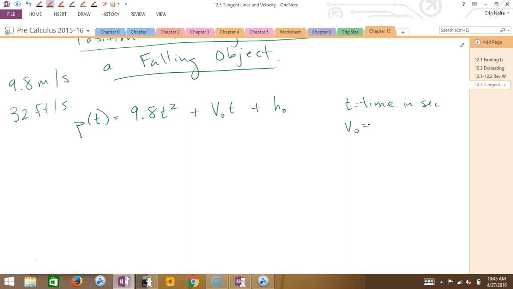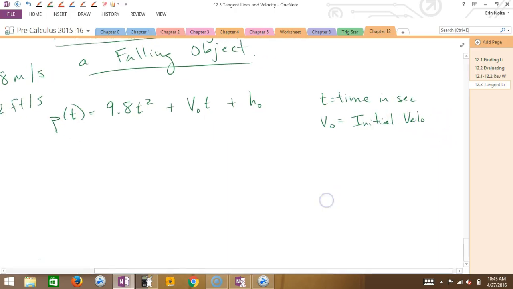Velocity. What does the little O thing stand for? Initial. Okay, so it's initial velocity. So anybody know what the H sub O stands for? Initial height.